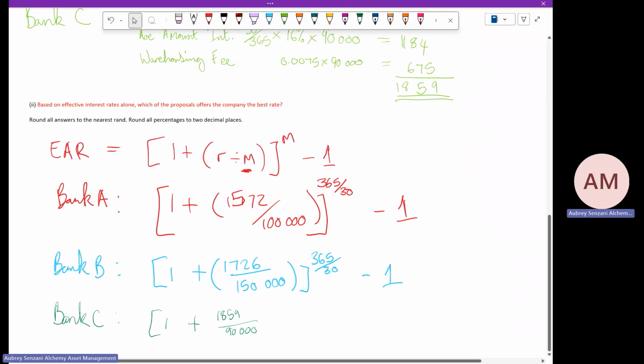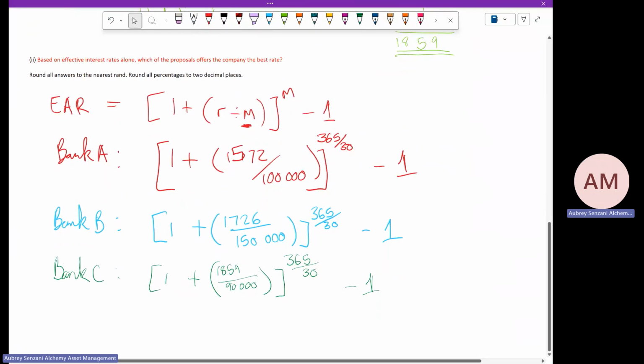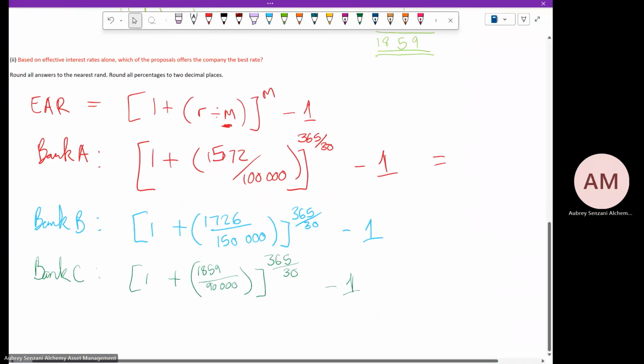Divided by 90,000. Do we have some interest rates there for us? Do you have some interest rates? Anybody? And those who are using your calculators, maybe we can double check to see. Are we getting the same answers?